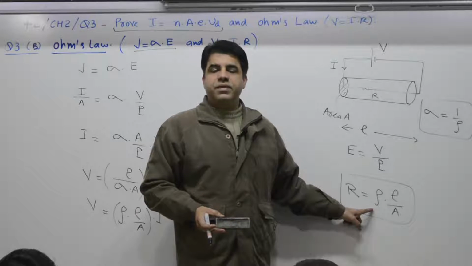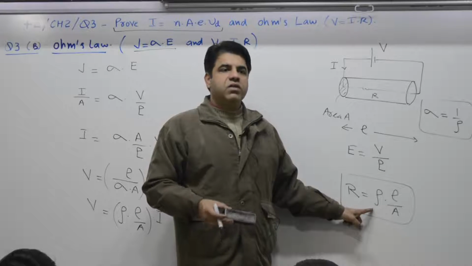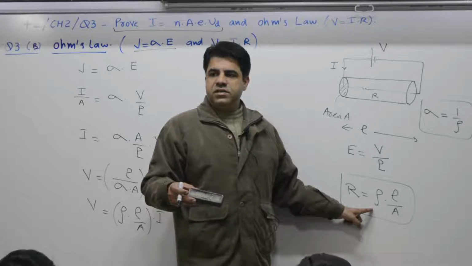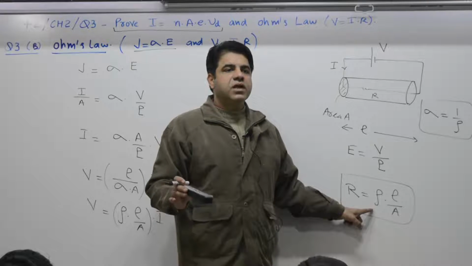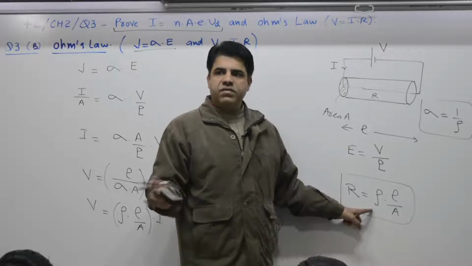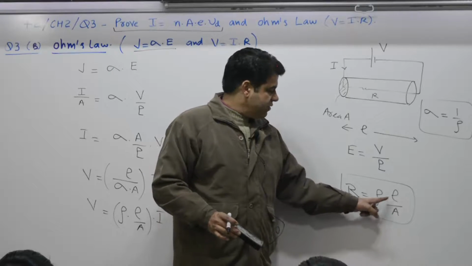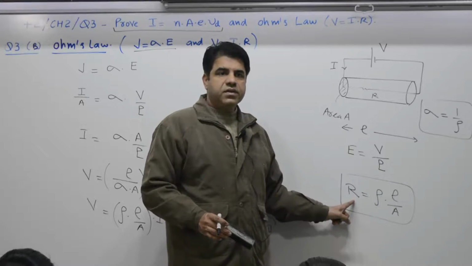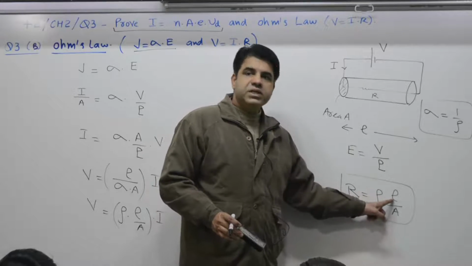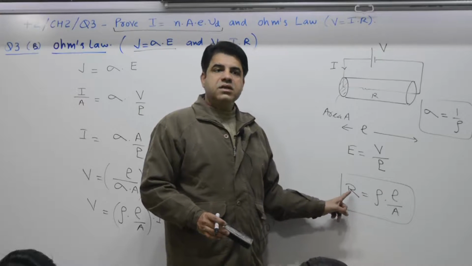Resistivity is a property of the material, copper, whatever be the length, size, or area of the wire. Resistivity of copper has one value. But if you make a wire of length 1 meter, the resistance is different. If you make a wire of length 2 meters, then the resistance is different.